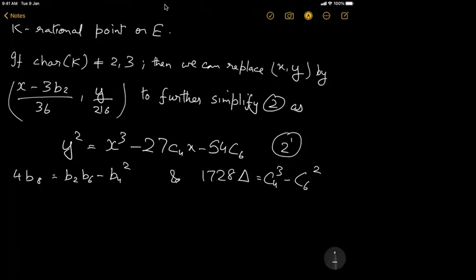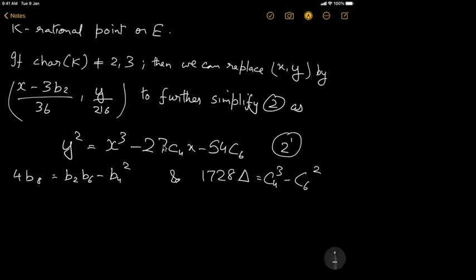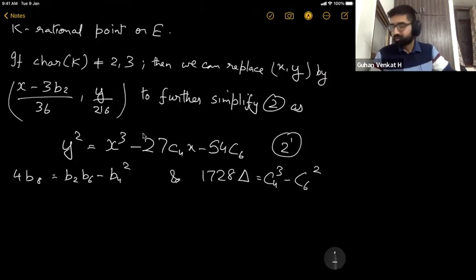If I remember correctly, this quantity 1728 is for the j-invariant, such that the j-invariant has a pole, and this quantity makes the residue to be 1.